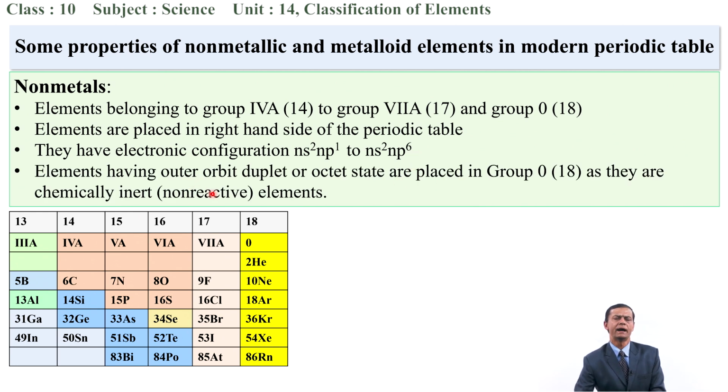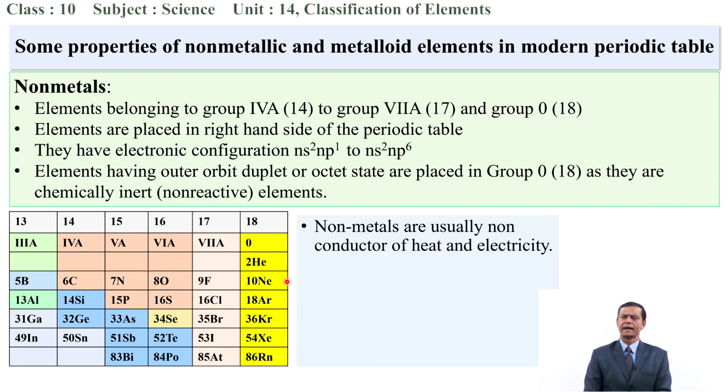Similarly, elements having an outer orbit duplet or octet state are placed in the last group, that is group 0 or group 18. They are chemically inert or non-reactive elements. Here we have represented them in yellow: helium, neon, argon, krypton, xenon, radon. There are 6 elements which are chemically inert, inactive, whose valence is 0.